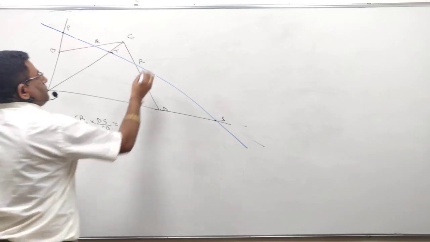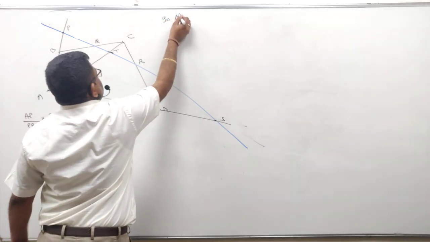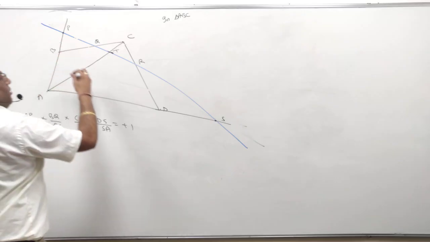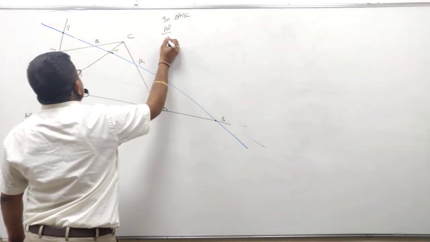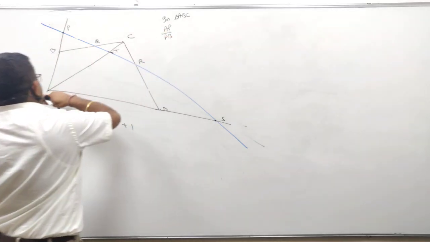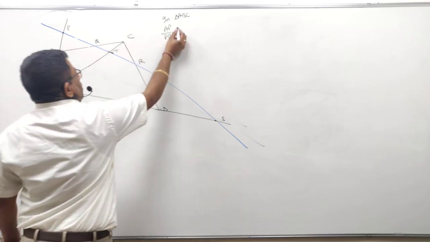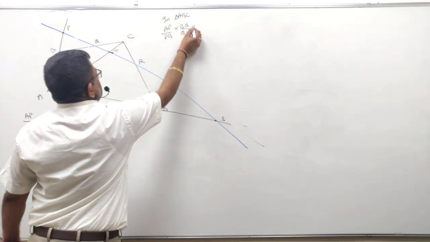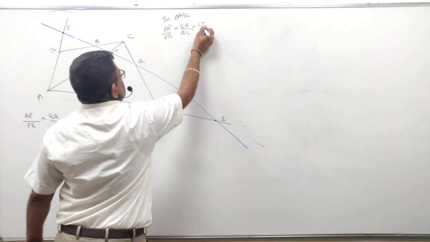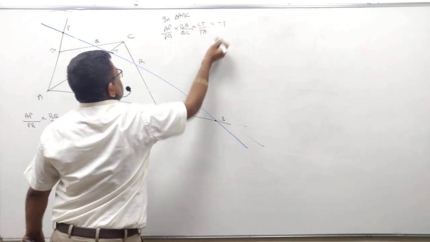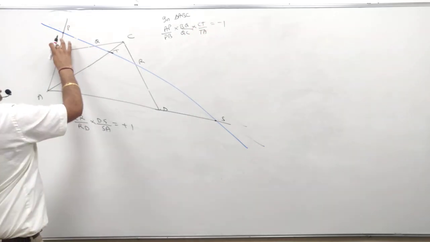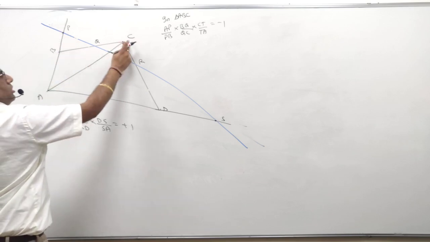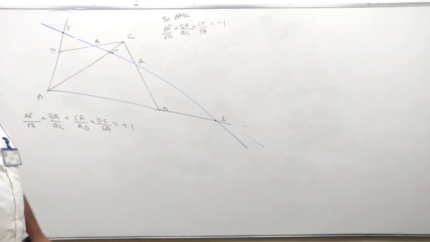So in triangle ABC, this is a transversal. So we can get, by using Menelaus theorem for the triangle, AP upon PB into BQ upon QC into CT upon TA. It comes out to be equal to minus 1. Okay. AP upon PB, BQ upon QC, CT upon TA comes out to be equal to minus 1.